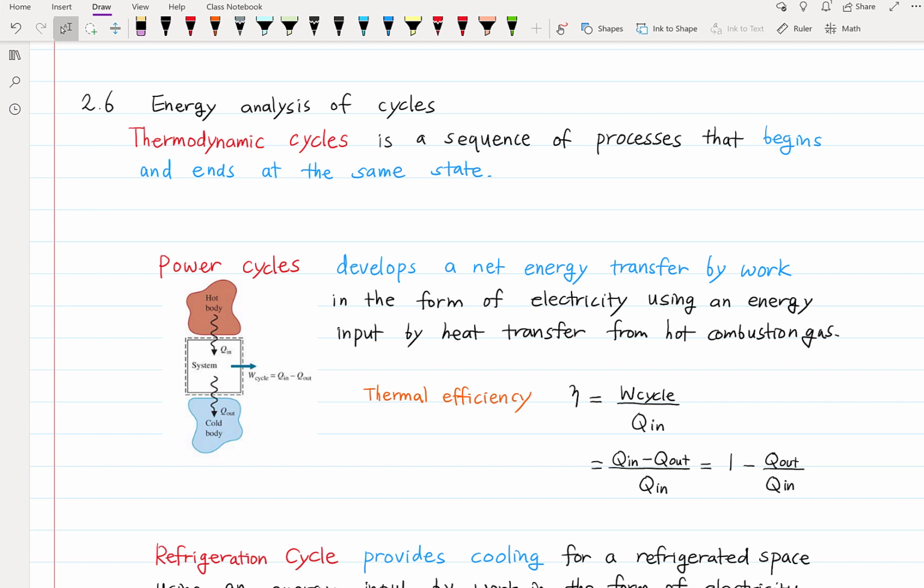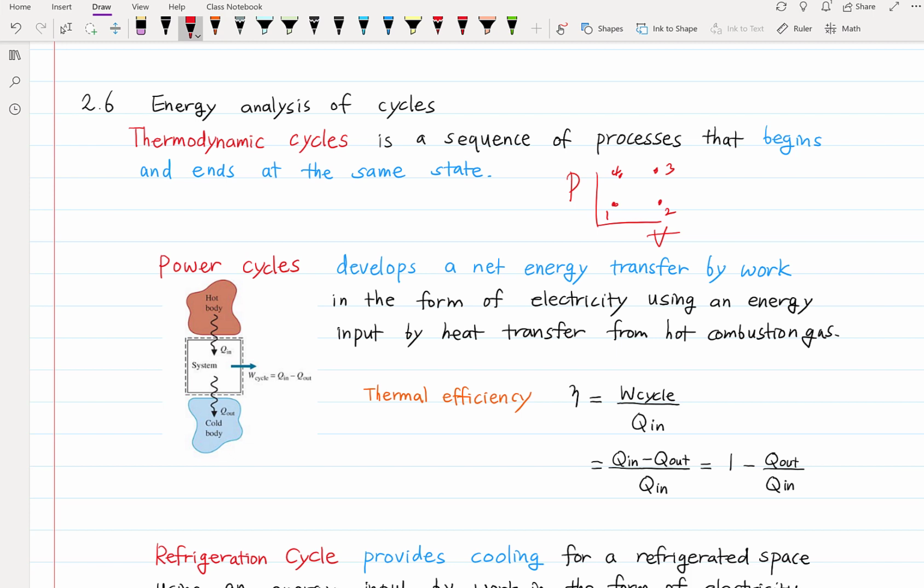For example, consider a PV diagram. Y-axis P, pressure, x-axis V, volume. So initial state is 1, and it goes through state 2 and 3 and 4.